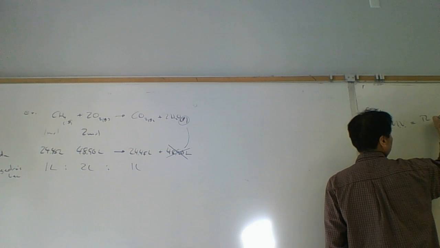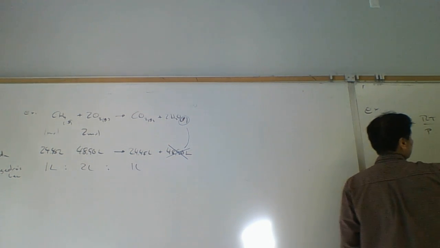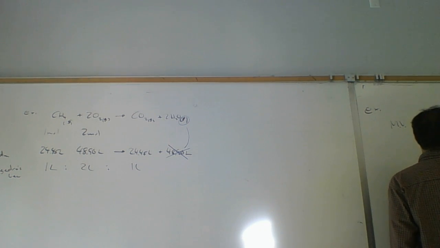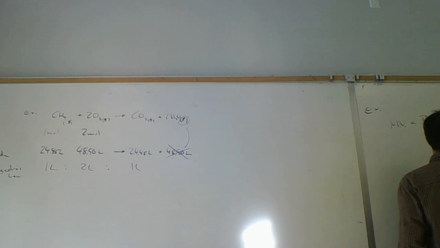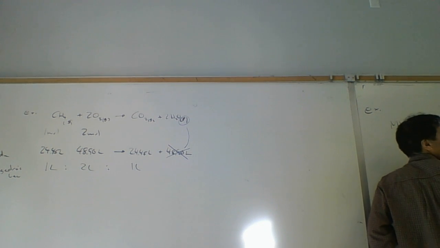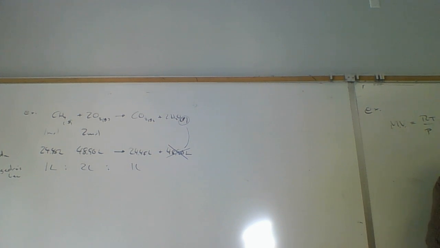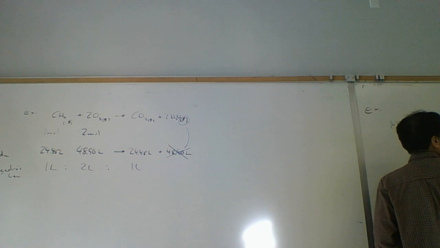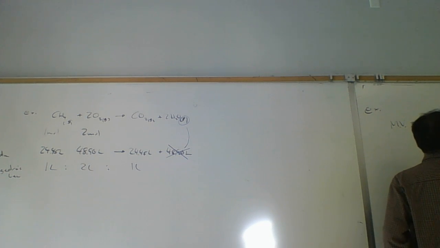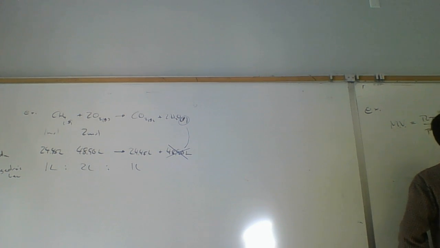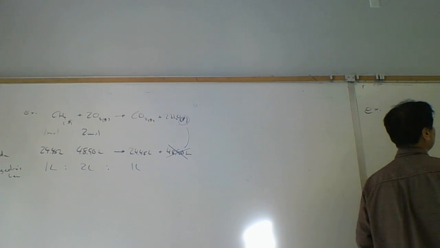So molar volume is equal to RT over P. So R is 0.08206 liters times atmosphere over mole Kelvin. T, 11 degrees C is going to be 284 Kelvin. P, 1.33 atmospheres. So atmospheres cancel, Kelvin cancel, liters per mole. That's what we get.